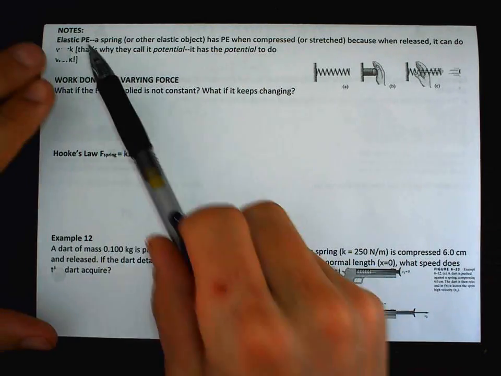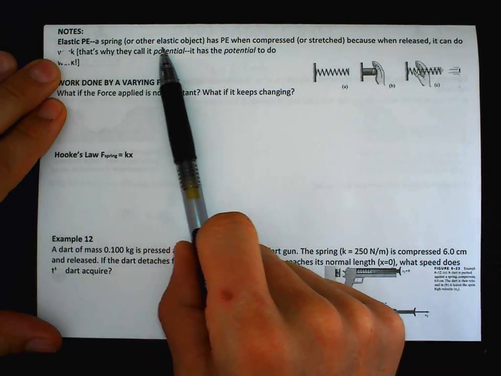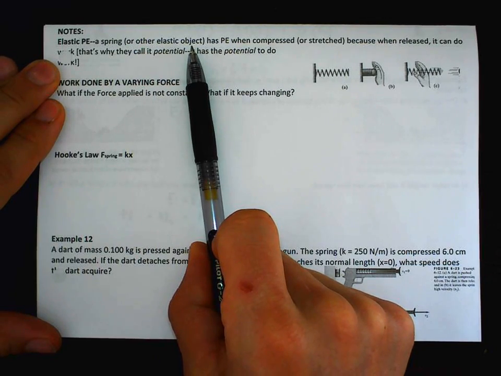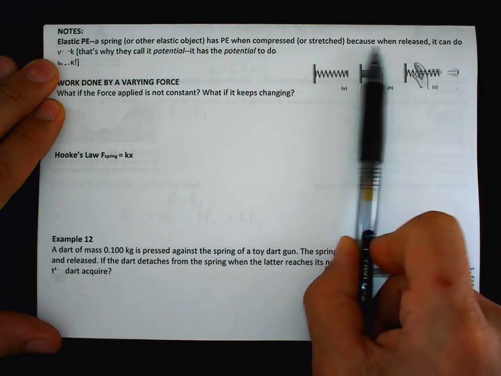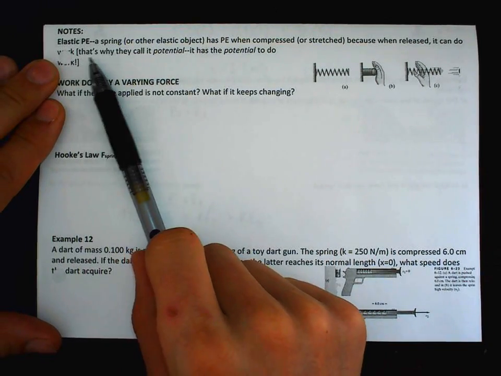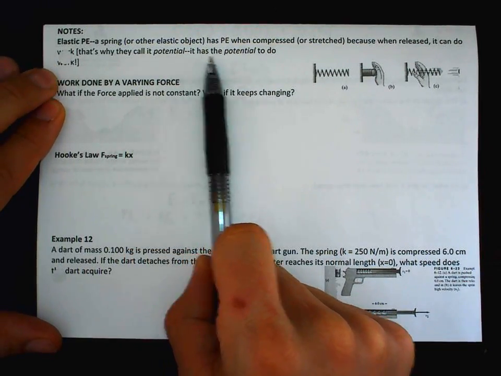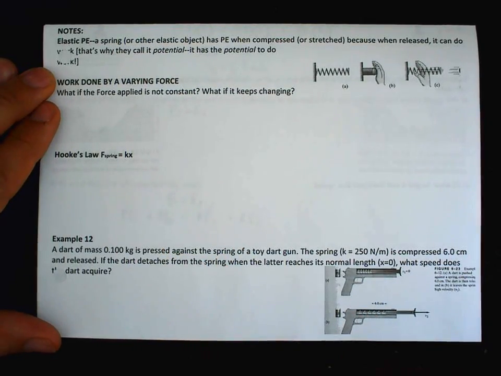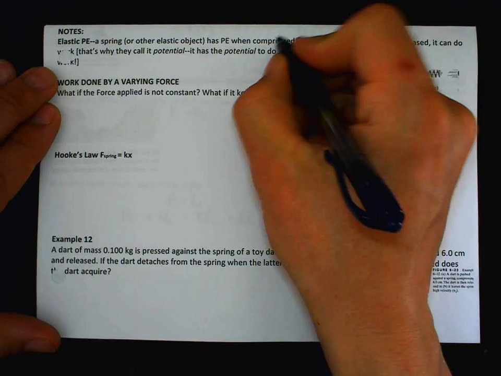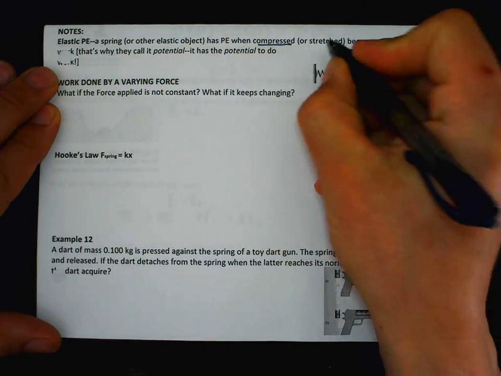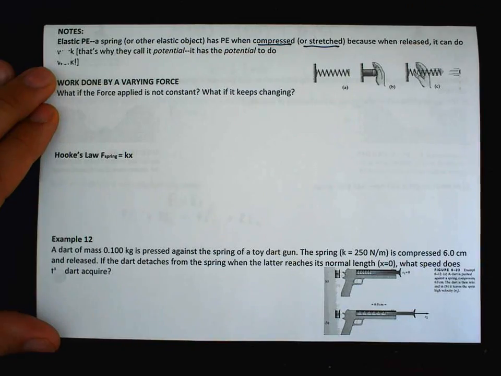Elastic potential energy: a spring or other elastic object like a rubber band has potential energy when compressed or stretched, because when released it can do work. That's why they call it potential. It has the potential to do work. So this applies when compressed or stretched, either way.